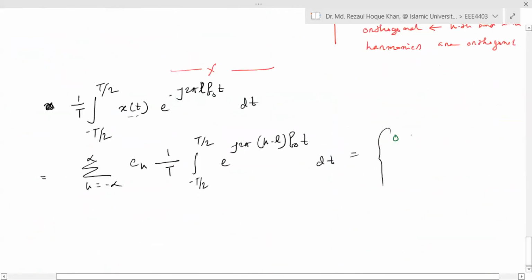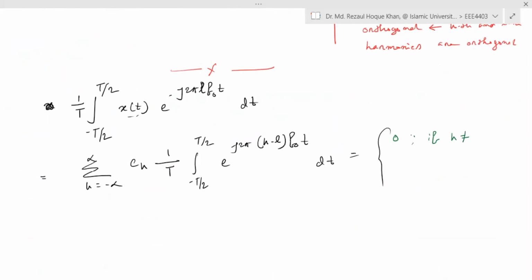Its value is 0 if k is not equal to L, and its value becomes 1 if k equals L.